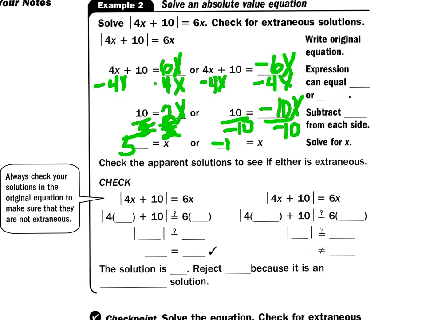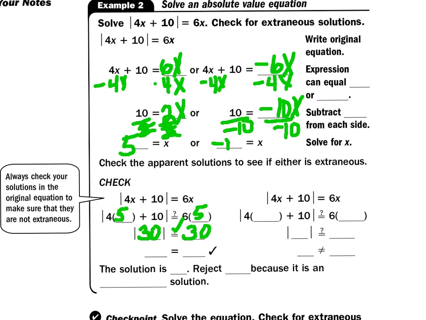So I'm going to put both answers back in for x and see if they're both true. So the first, I'm going to put my 5 here and my 5 here. So 20 plus 10 is 30. Does the absolute value of 30 equal 6 times 5, or 30? Yes, it checks.